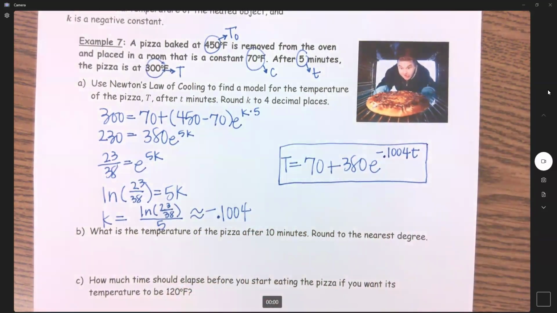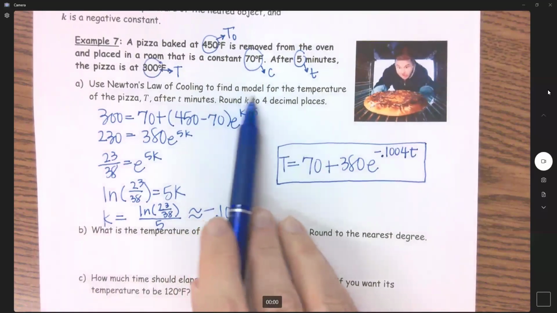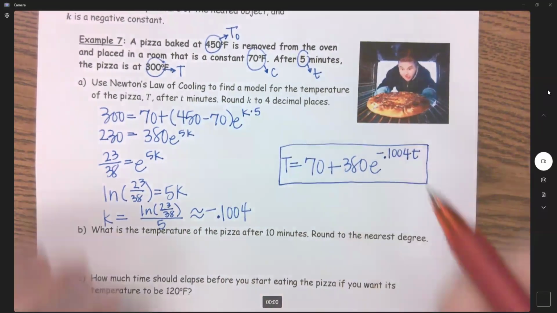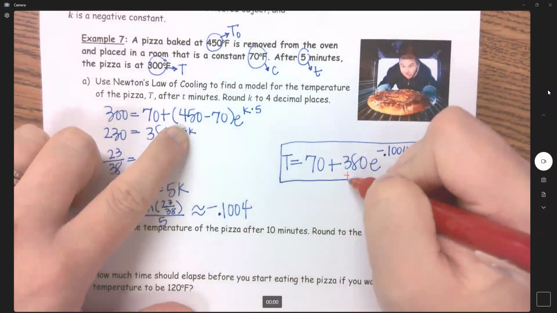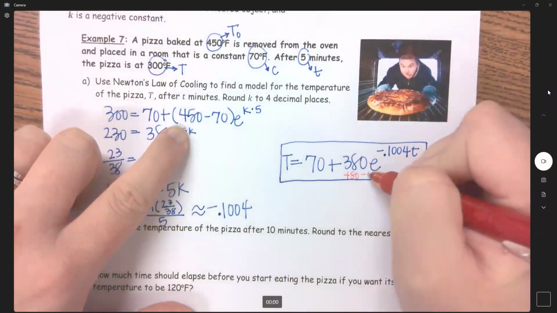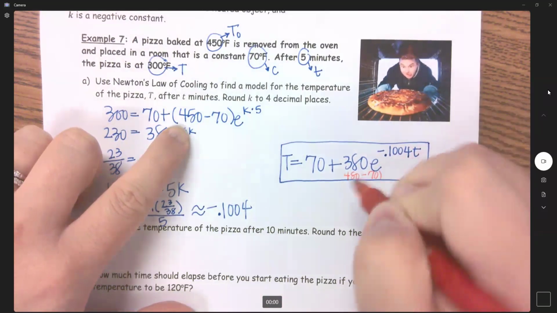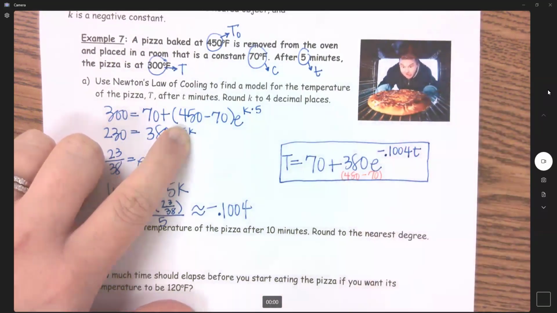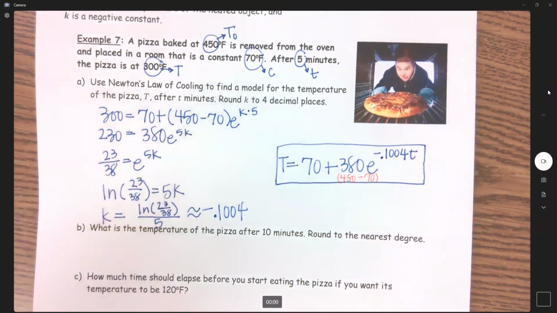So here is my formula or my model right here. And we got that by doing 450 minus 70 from what was right here in parentheses.